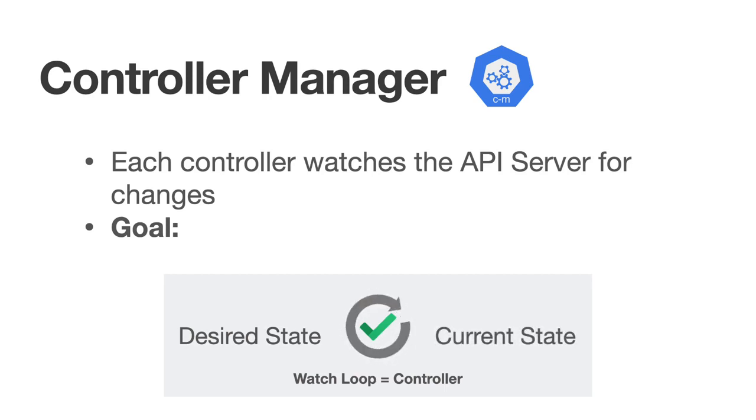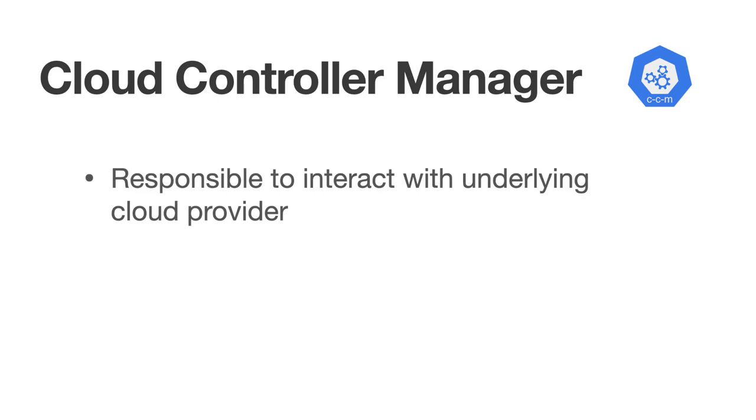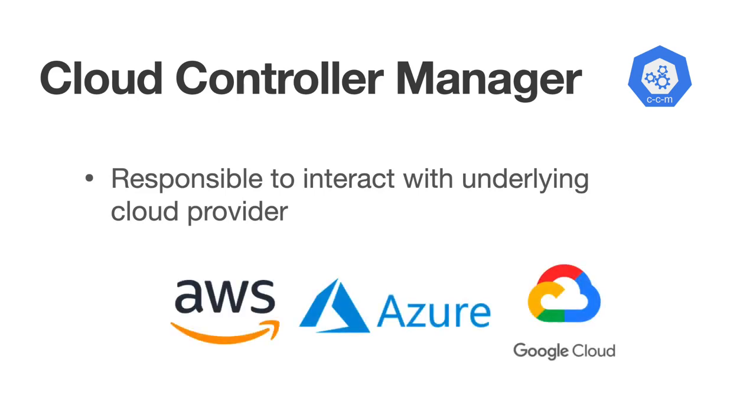If the desired state doesn't match the current state, then the appropriate controller kicks in to try and match the desired state. So a controller is simply a watch loop. We also have the Cloud Controller Manager, which is responsible for interacting with the underlying cloud provider, such as AWS, Azure, or Google Cloud.